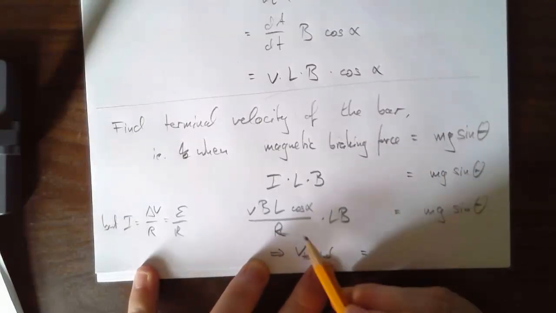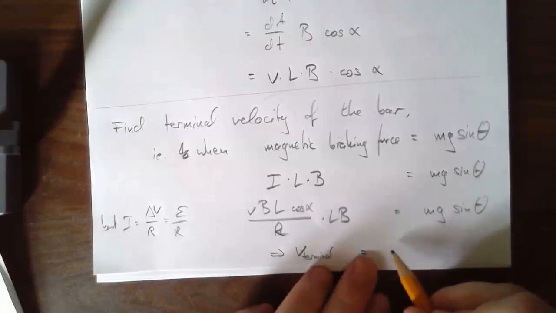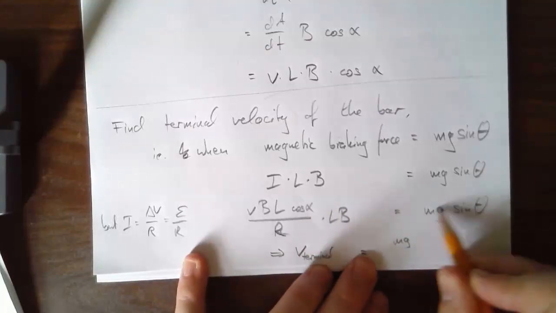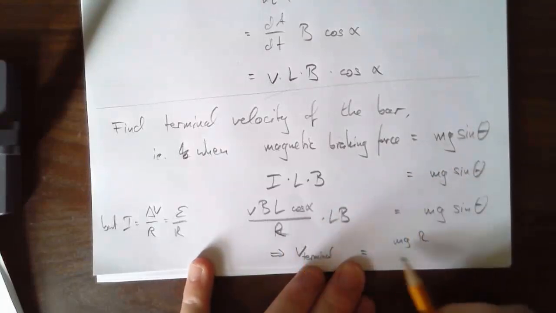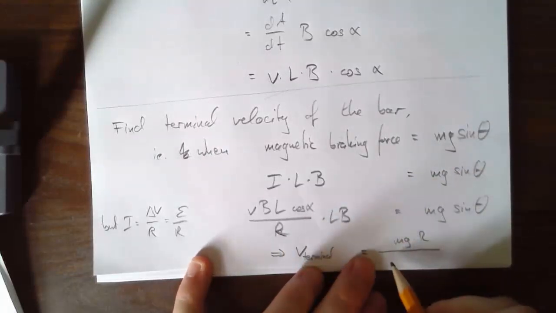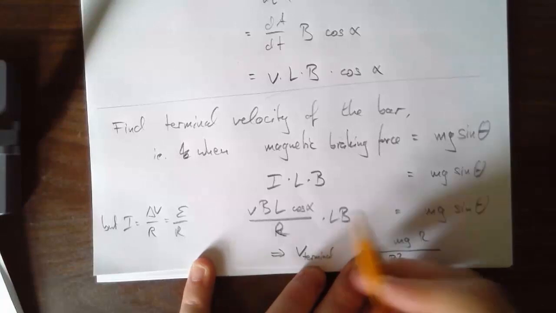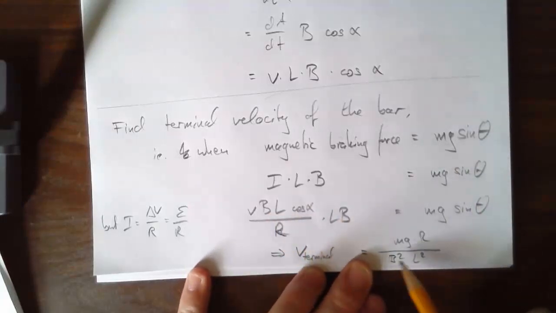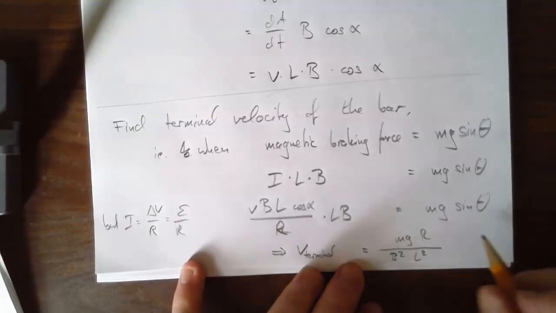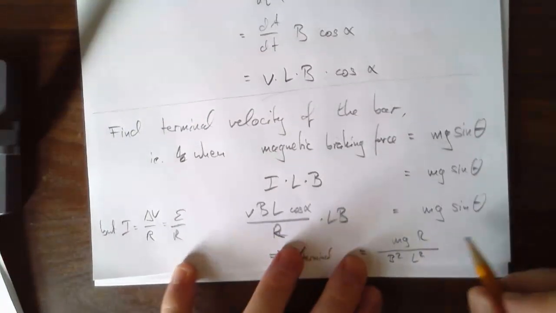So I do the rearranging here, and what am I getting? I'm getting mg R from here divided by B squared and L squared. That's interesting, isn't it? It depends on those quantities twice. Sine over cosine, that's tan.